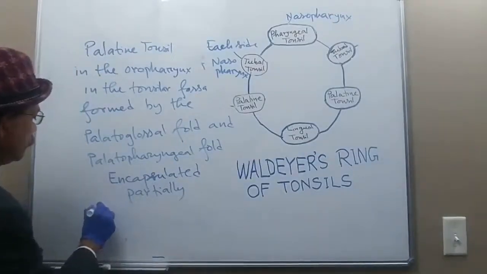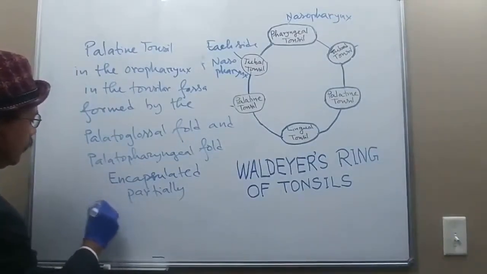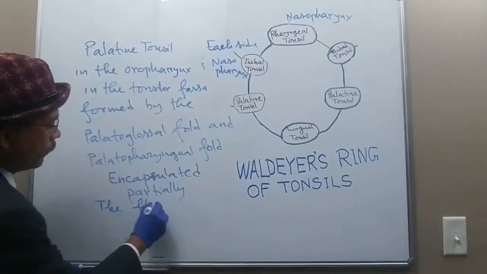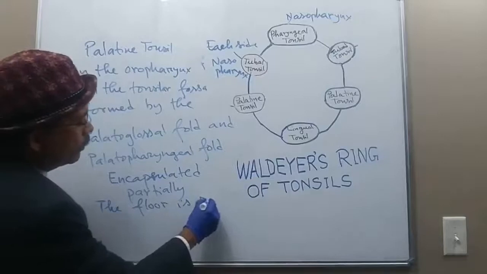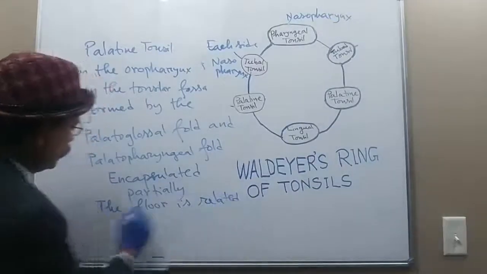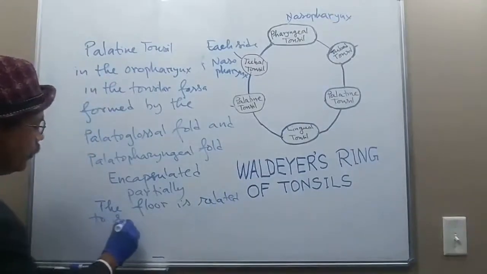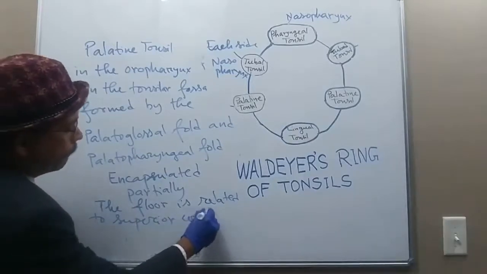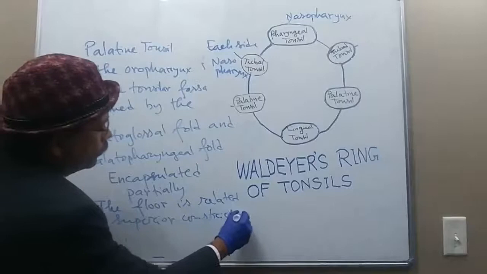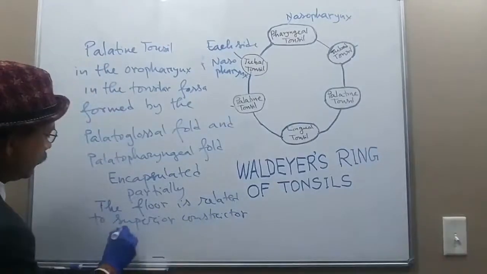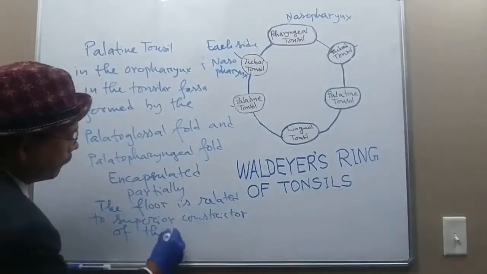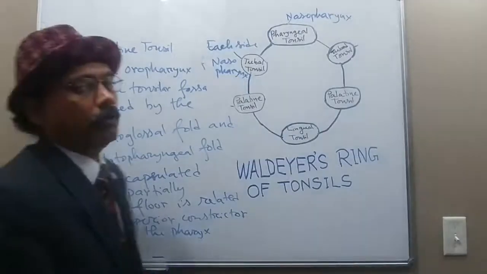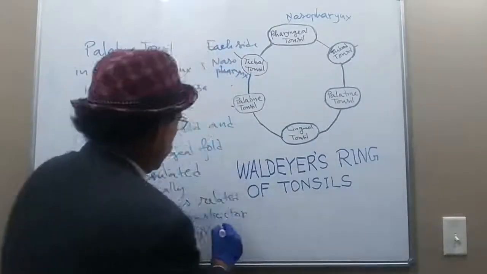The floor of the tonsil is related to the superior constrictor of the pharynx plus the pharyngobasilar fascia.